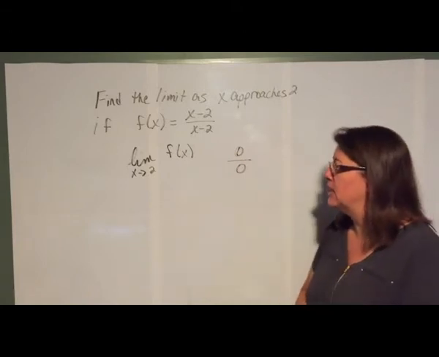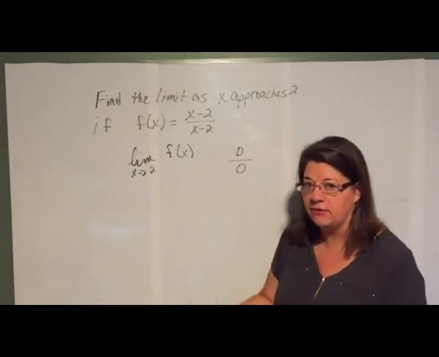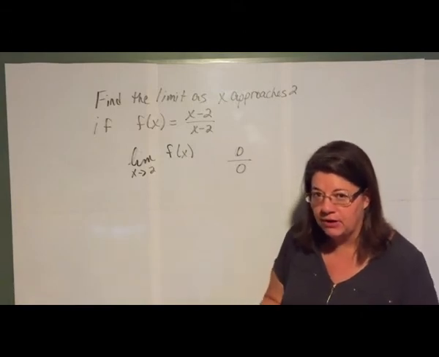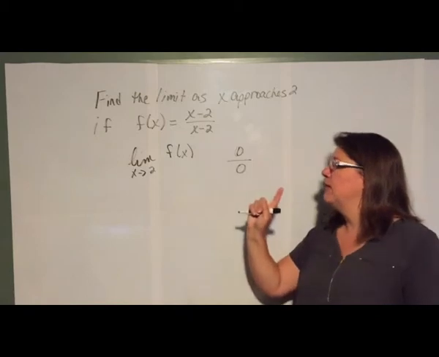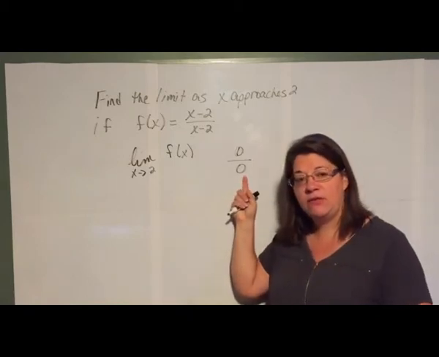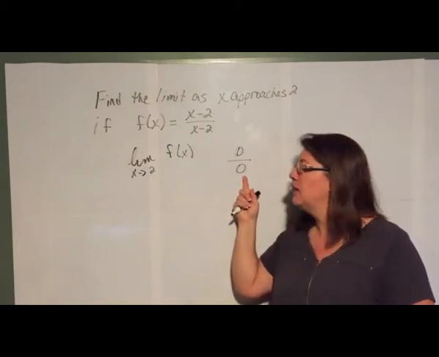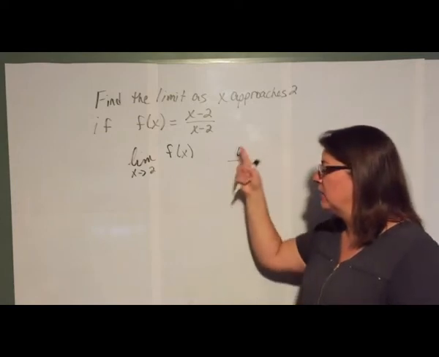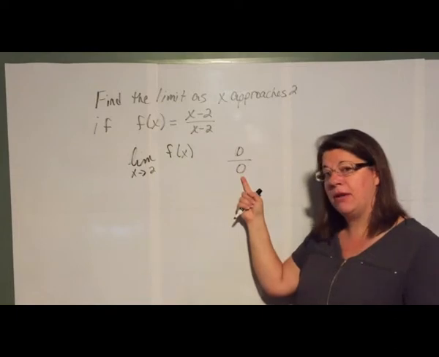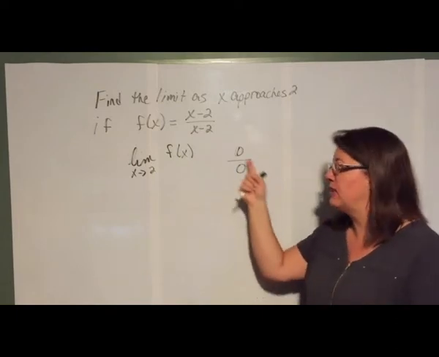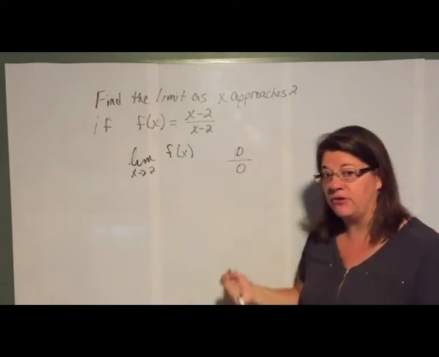We learned that a long time ago. So 0 over 1 is 0, 0 over 5 is 0, 0 over -8 is 0. We also learned that you cannot divide by 0. If you have 0 on the bottom, then the expression is undefined. Well, we have 0 on the denominator. So which is it? Is the answer 0 here, or is the answer undefined?